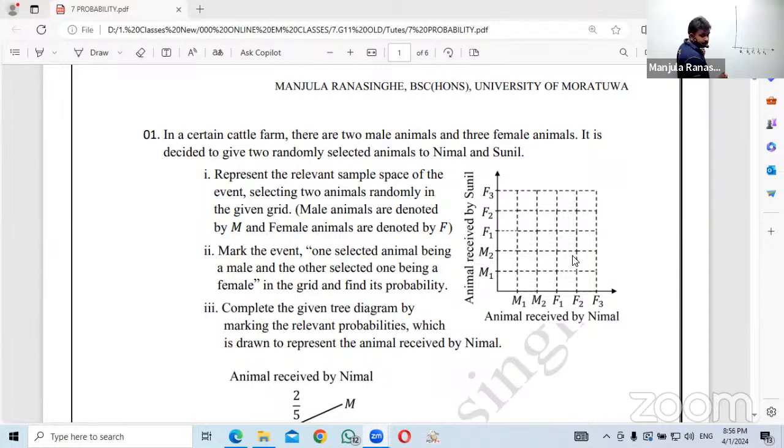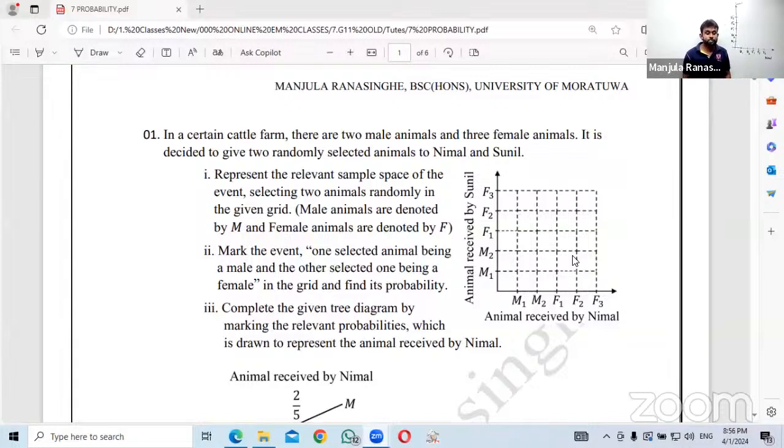Then here is the animal received by Nimal, and here the animal received by Sunil. So here also M1, M2, F1, F2, and F3. Right. So the sample space is to be marked on both axes. Now I will explain the question.